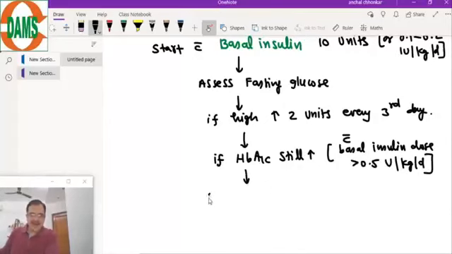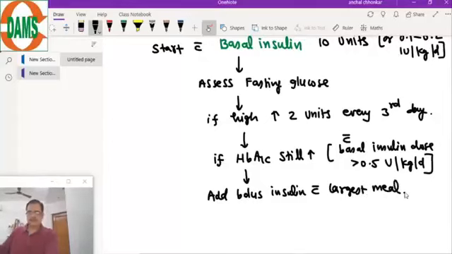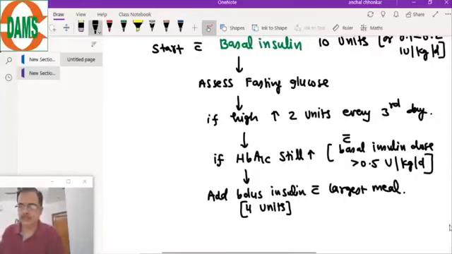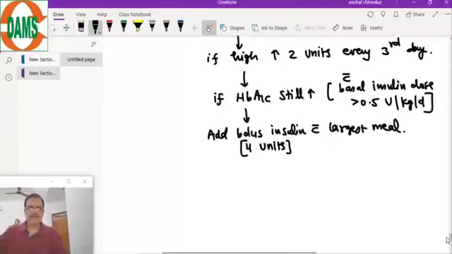then we will add bolus insulin with the largest meal. We will add the bolus insulin with the largest meal, the heaviest meal which the patient is taking, and that bolus insulin dose is usually started with 4 units.